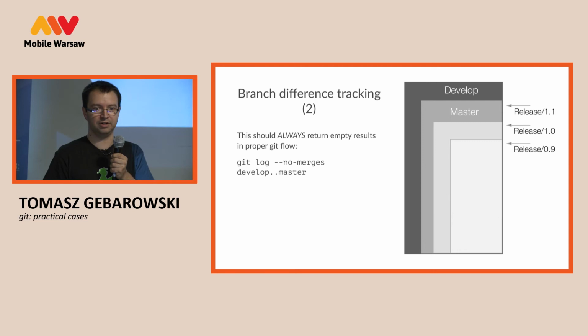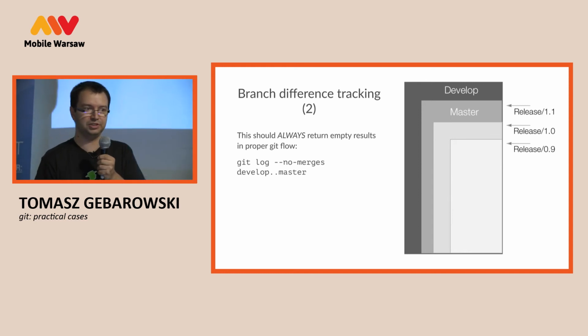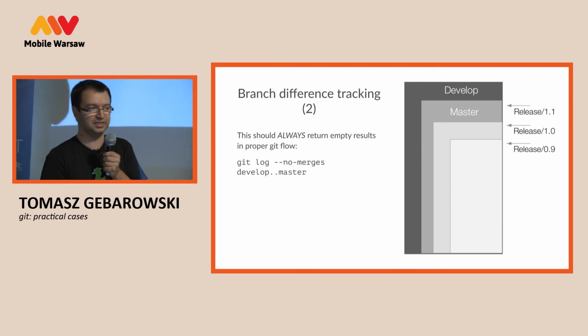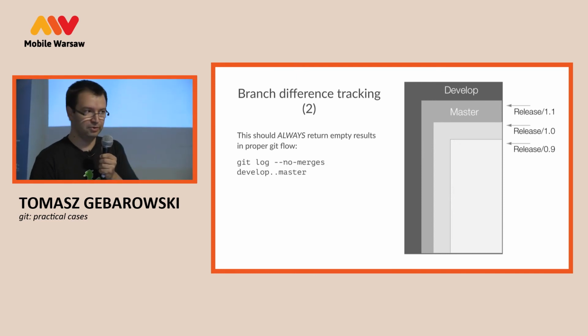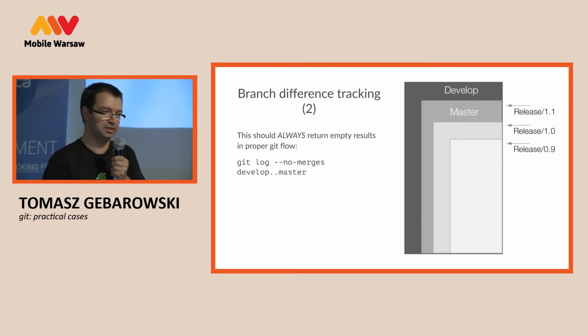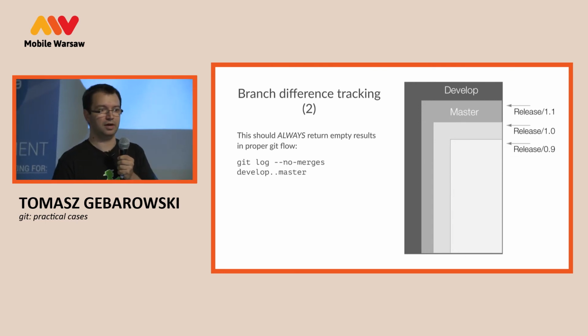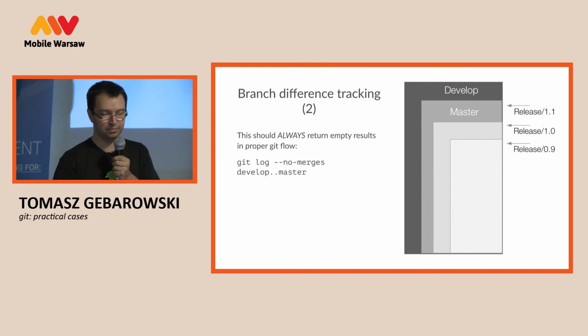So master should have no commits that are not in develop, because master has production ready code which should already be included in develop. Of course, there are some exceptions, but basically, when we quickly check the differences between develop and master, this command should return an empty list. So it means that there are no commits that were somehow incorporated in master and are not in develop.